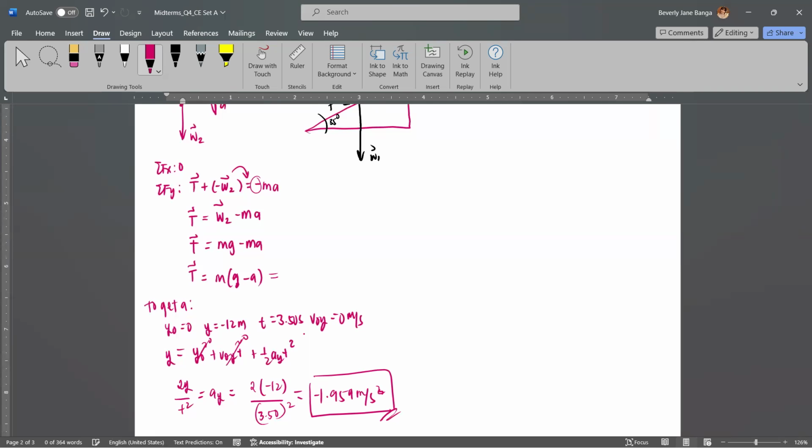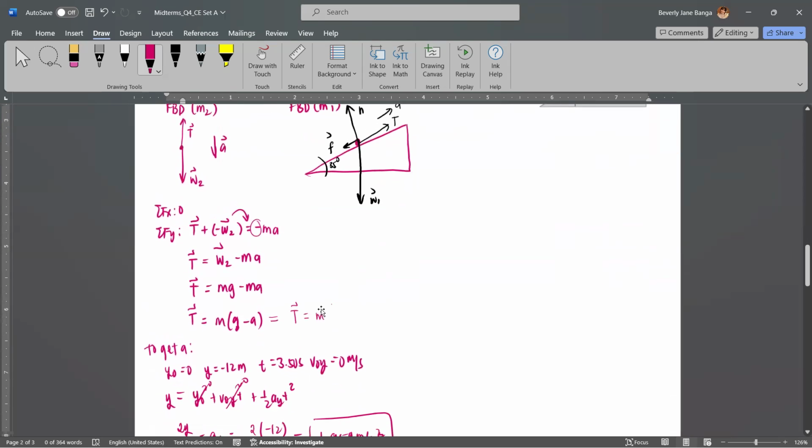So, eto, magiging tension is simply M. What's the M again? 34.41 times 9.8 minus 1.959, no?